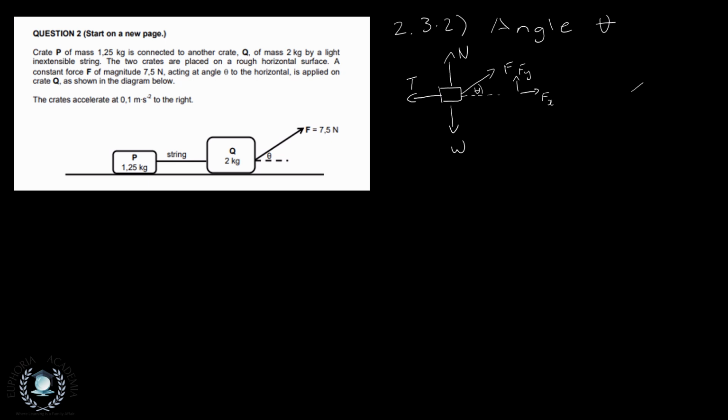Right, so we essentially have a triangle like this where the hypotenuse is F and the X component is Fx and the Y component is Fy. Theta is right there.